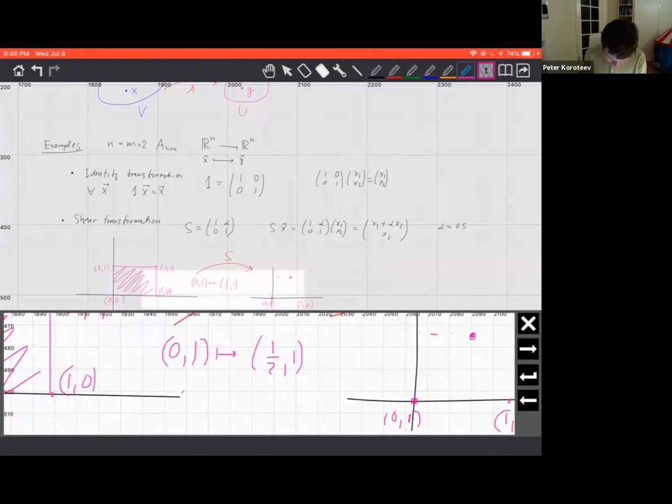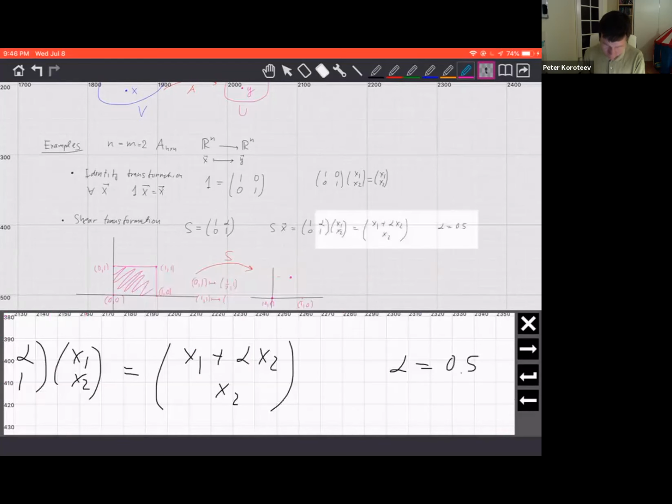And then vertex 1, 1 will go to where? So plug it in here.